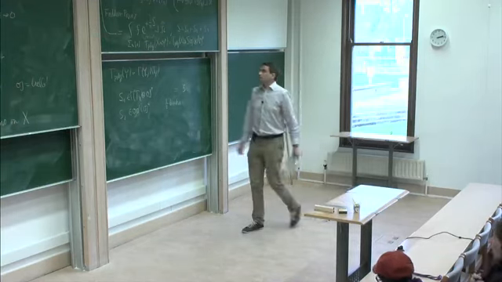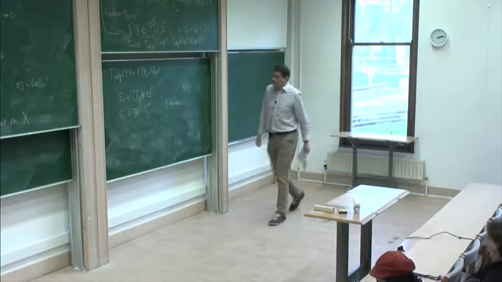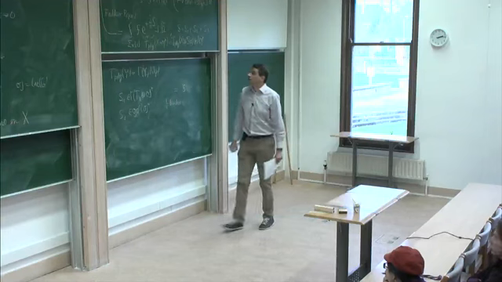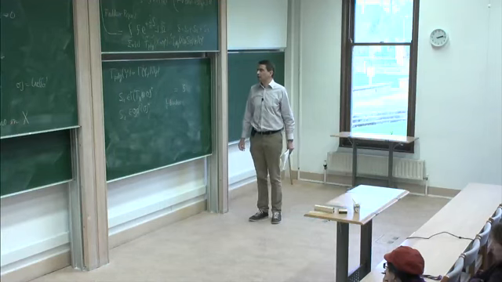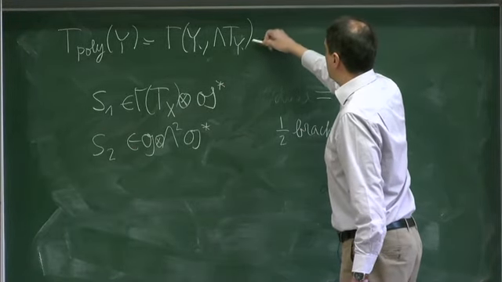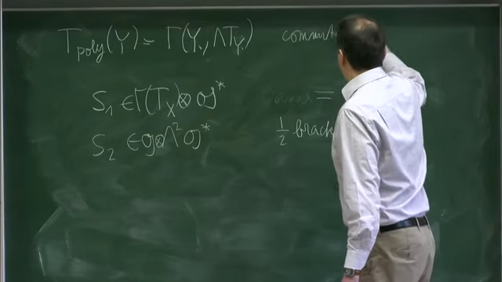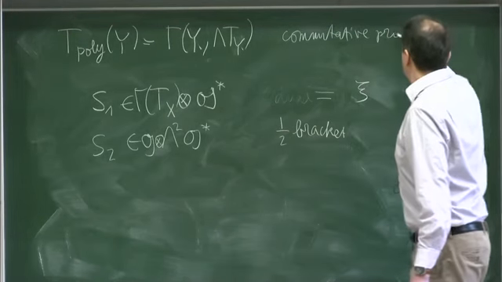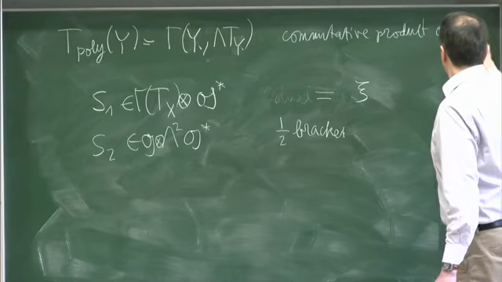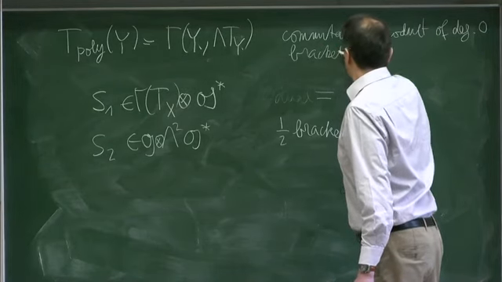And now the point is that this obeys the master equation, or Maurer-Cartan equation. So on this space here you have a commutative product of degree 0 and a bracket of degree 1.